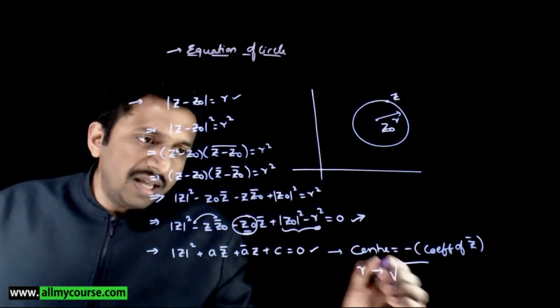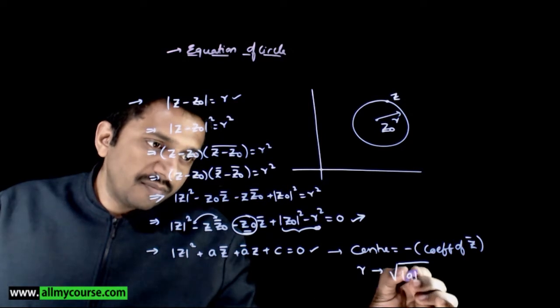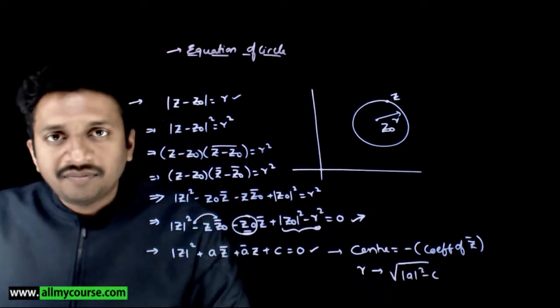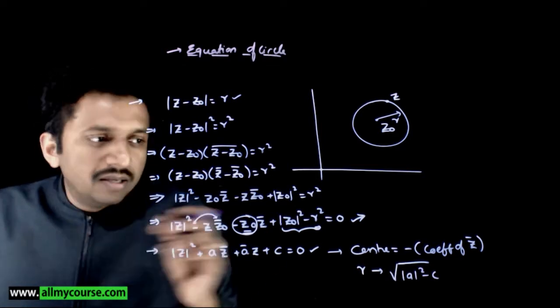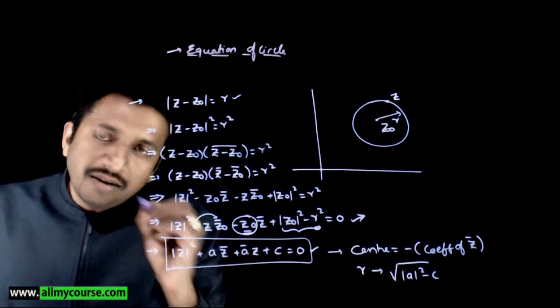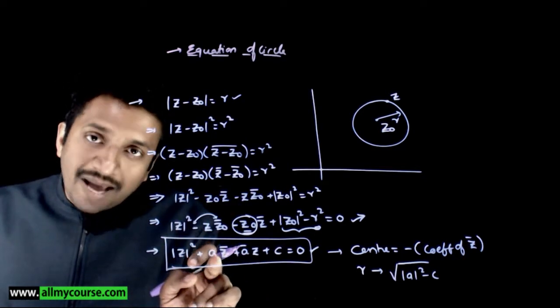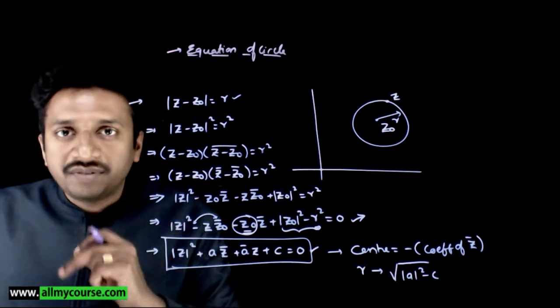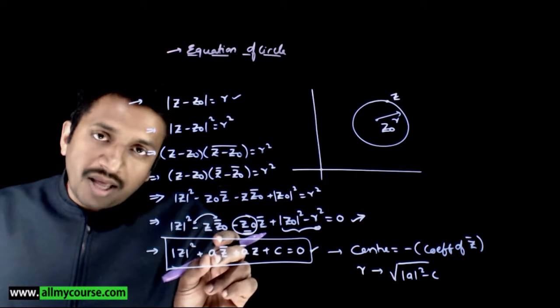So R square is nothing but mod A whole square minus C. So R is root of mod A whole square minus C. So if you have the equation of a circle, it's very straightforward to find the center. It's directly the minus of the coefficient of Z bar and the radius is root of mod A whole square minus C.